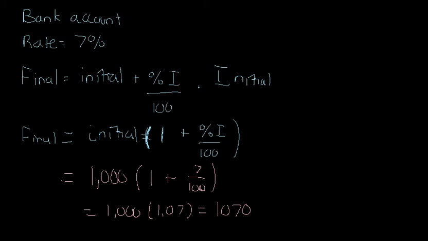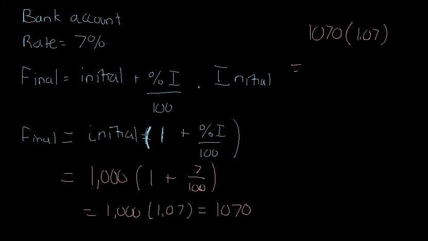Well, what if I want to figure out how much there is after 2 years? During the second year, I'm no longer taking 1,000 and adding 7%, but rather I'm taking 1,070 and adding 7% interest. So times 1.07, as we saw for 7% before.